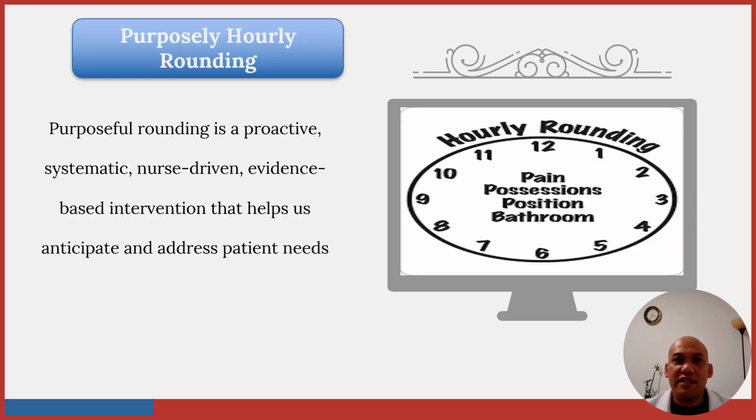All right, the next strategy will be purposeful early rounding. It's not just rounding, it should be purposeful and it should be early. It's a systematic, proactive, nurse-driven, evidence-based intervention that helps us anticipate and address patient needs.